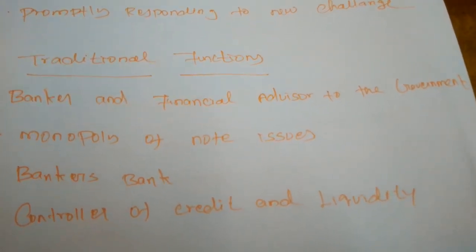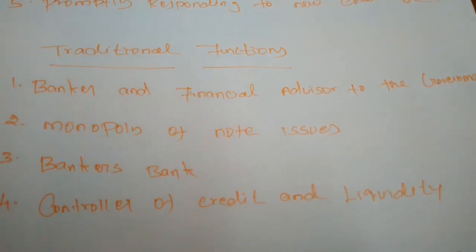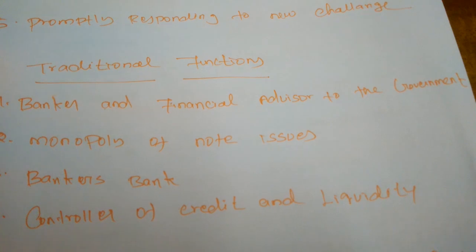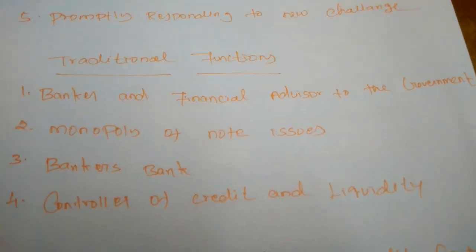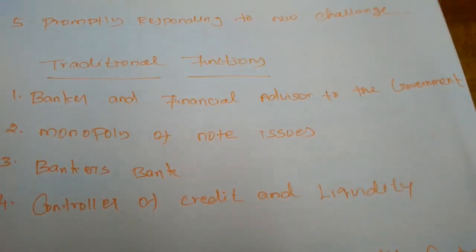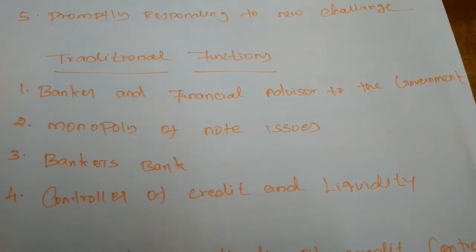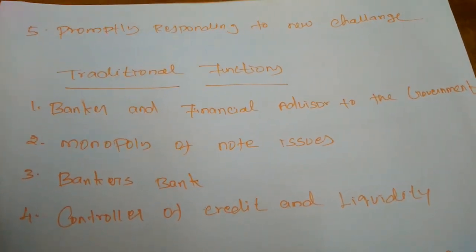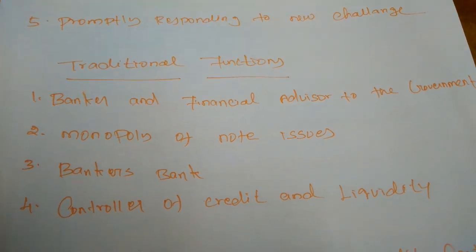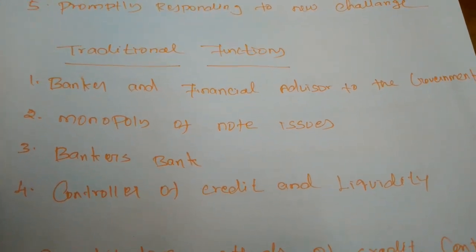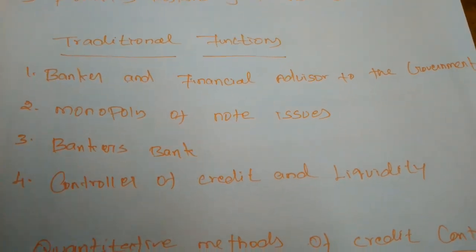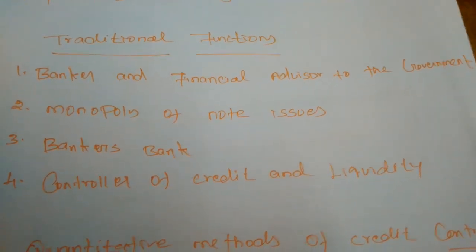Like that, the government also needs a bank. So the Reserve Bank of India acts as banker to the government, and as financial advisor, whenever the government needs finance or has to allot some amount, advice is provided by the Reserve Bank of India only.